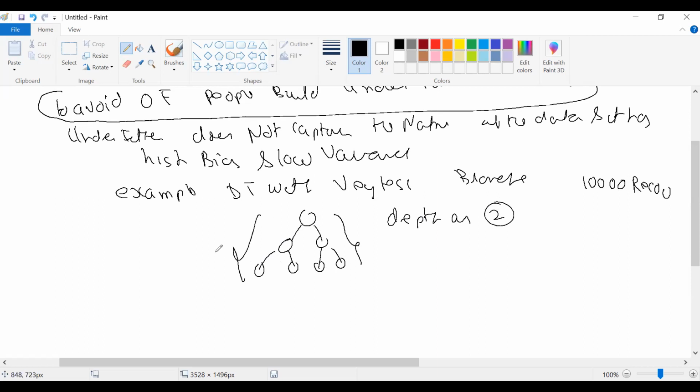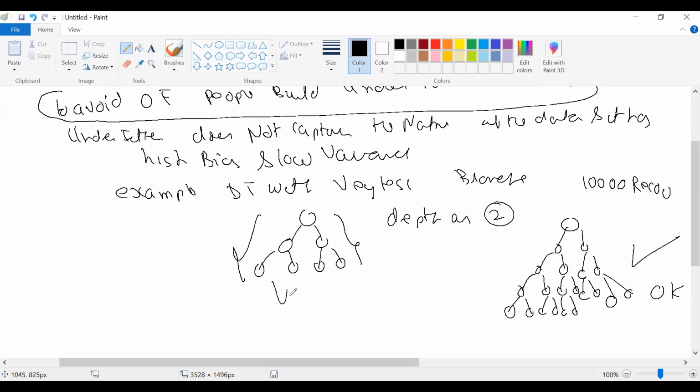So the model will underfit, right? It should have checked a sufficient number of conditions, but it is checking only 3 to 4 conditions and then trying to do the prediction. Here your tree should have been something like this. It should stop over here. So probably this was okay, but this is underfitted.